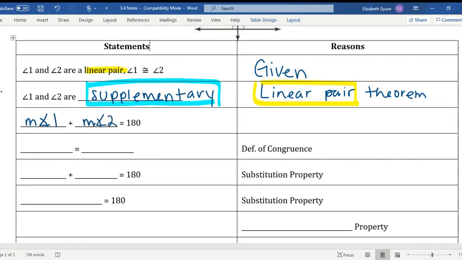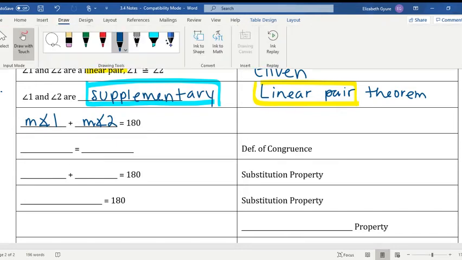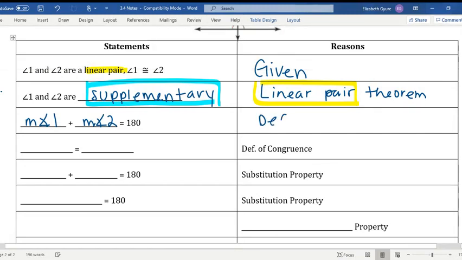Use those context clues, right? I gave you the vocab word supplementary, so what do you think an appropriate reason would be? Definition of supplementary. Yep. Definition of supplementary angles.